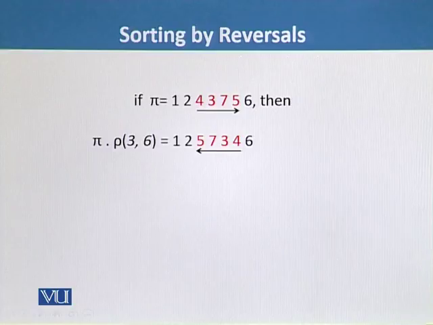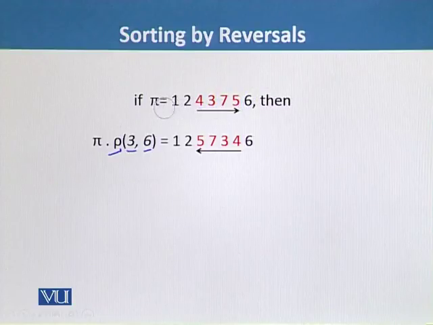It's a very simple example. Assume that this is pi and we have the values 1, 2, 4, 3, 7, 5, 6. And we have to reverse it, and we assume the value of rho as 3 to 6. This 3 and 6 does not mean the values 3 and 6.